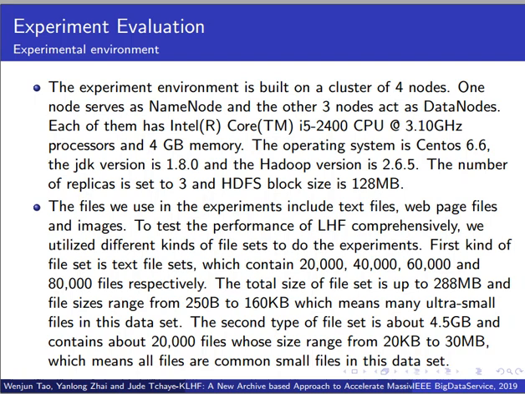The JDK version is 1.8.0 and the Hadoop version is 2.6.5. The number of replicas is set to 3 and the HDFS block size is 128 MB. The files we use in experiments include text files, web page files, and images.